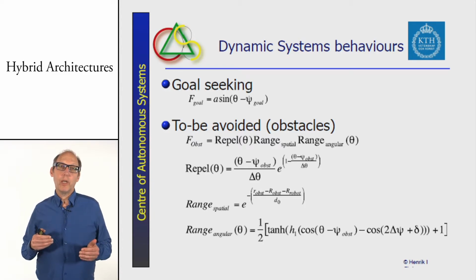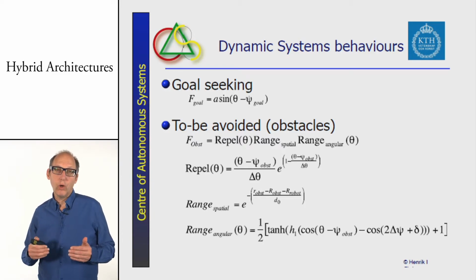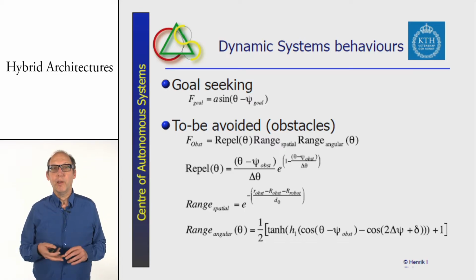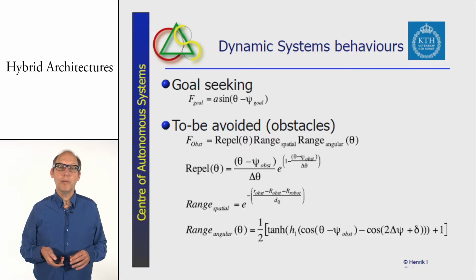In that way you can translate the goals that a deliberative system can have into behaviors. One of them is a goal-seeking behavior. The goal is something that you have planned, or the avoiding behaviors, where the obstacles are given from the map that you've built up, so you know beforehand which obstacles to avoid.